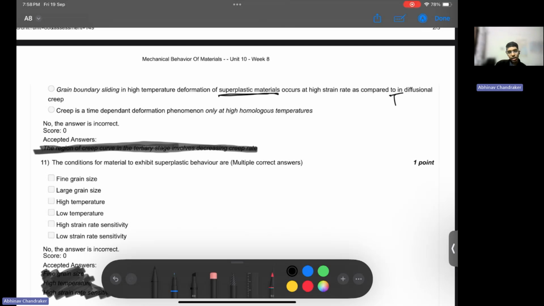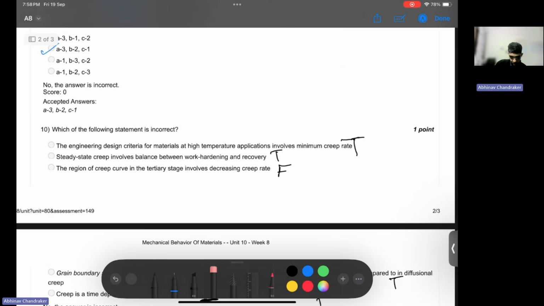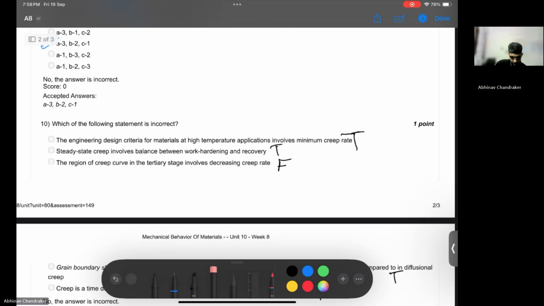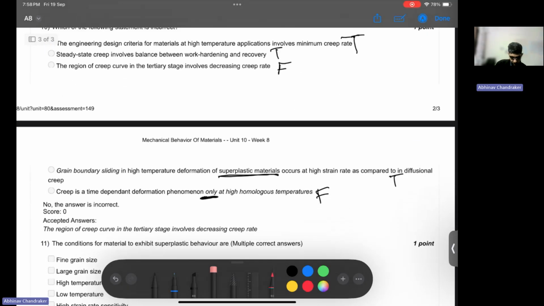But even at low, it does occur. Those are kind of exceptions, but I'll say that this is a false statement. It can occur. You can't say only.